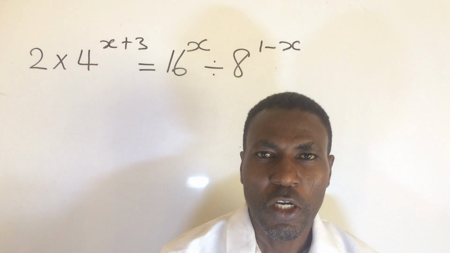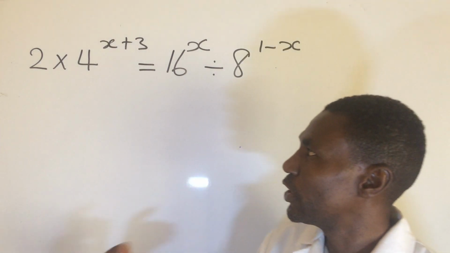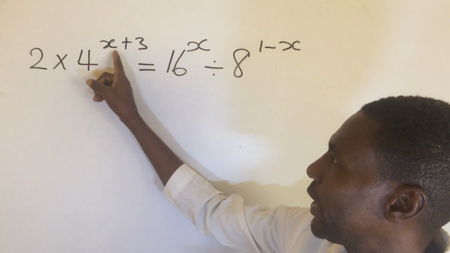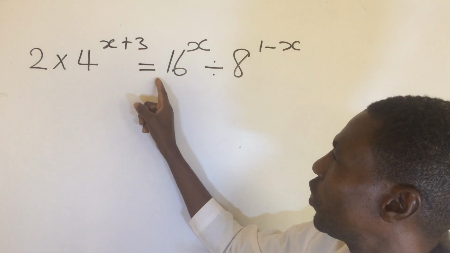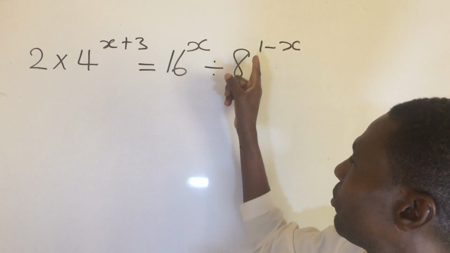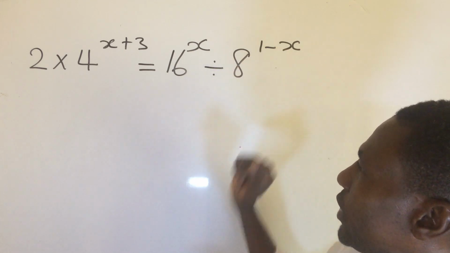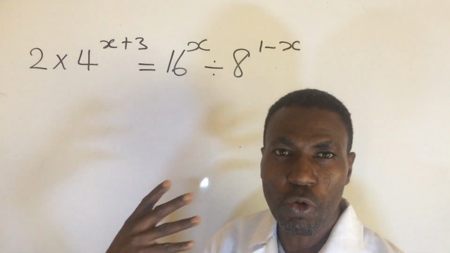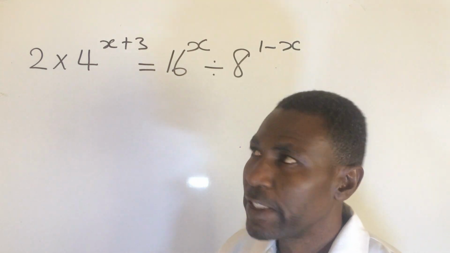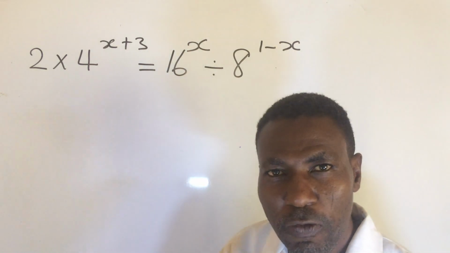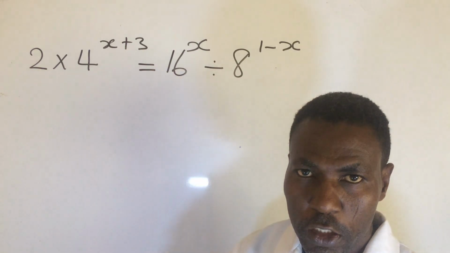The question on board says 2 times 4 raised to power x plus 3 equals 6 raised to power x divided by 8 raised to power 1 minus x. We will solve this by finding the value of x.